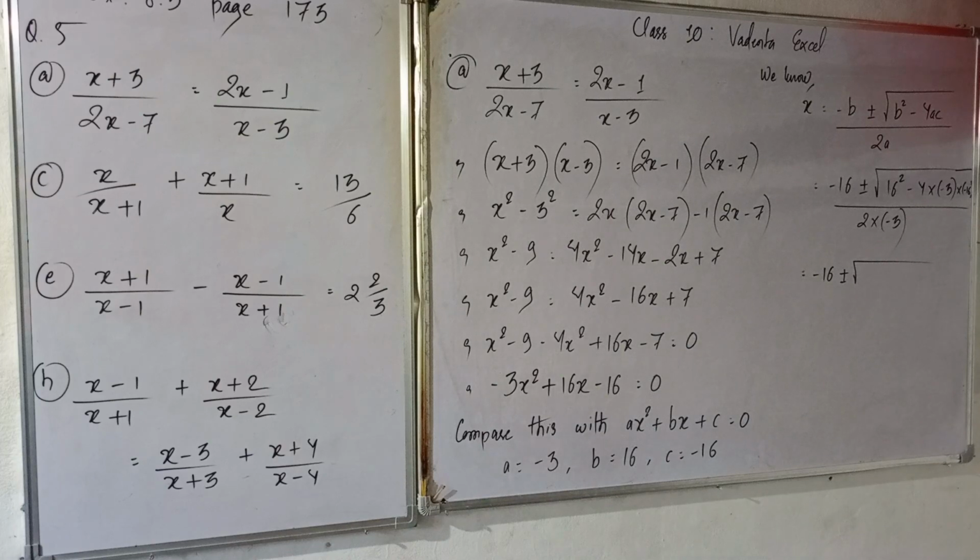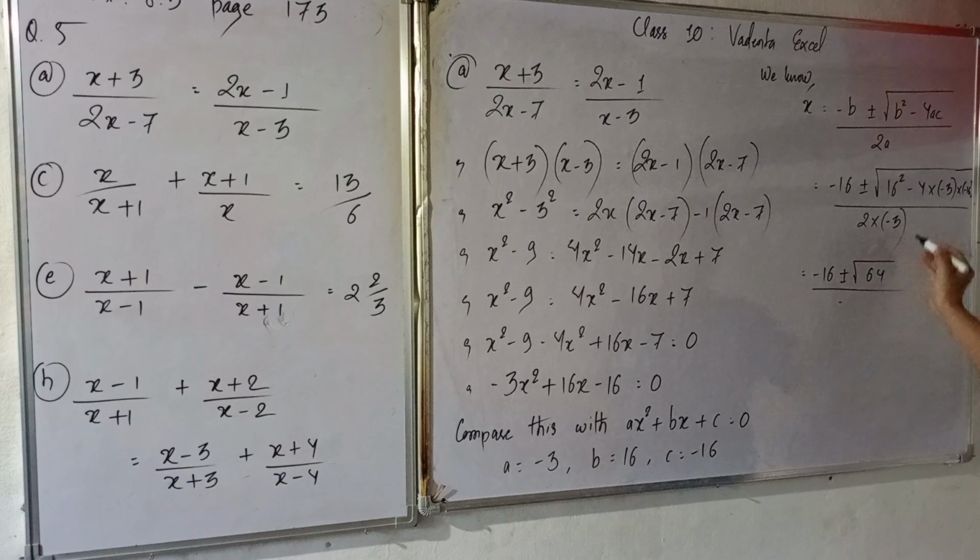Just substituting the values, nothing more than that. 16 square minus 4 times minus 3 into minus 16 will result in 64. Divided by minus 6: minus 16 plus minus 8, over minus 6.